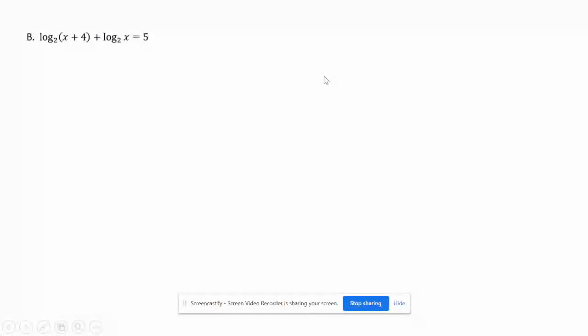More complex is something like this. We have log base 2 of x plus 4 equals log base 2 of x. Now, what we studied in our last topic, in our laws of logarithms, is the product law of logarithms. Log base b of m times n is the same thing as log base b of m plus log base b of n.